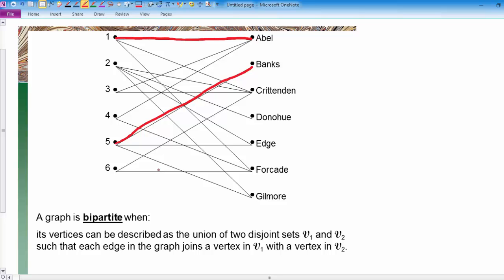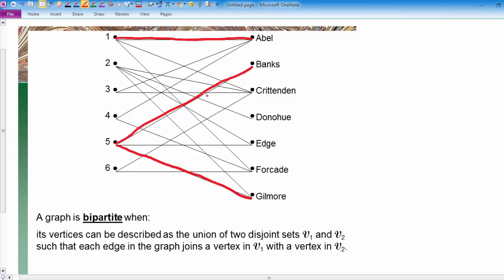These two edges together make a matching. Why is it a matching? Well, that's because it's a subset of edges of the graph, and no vertex in the graph is incident with more than one edge. Let's say, for example, I pick this edge right here.